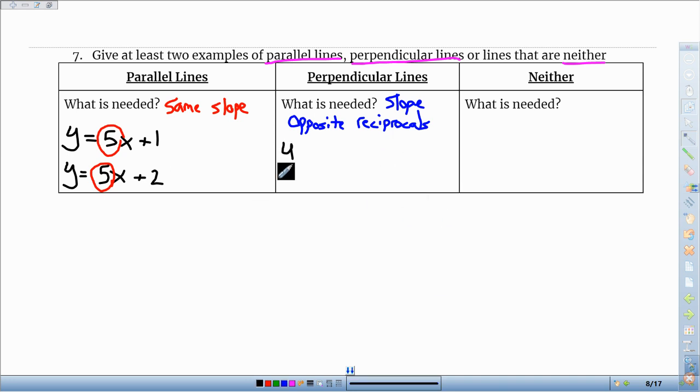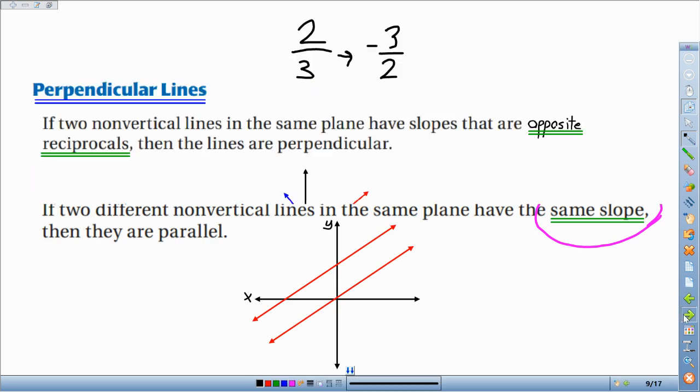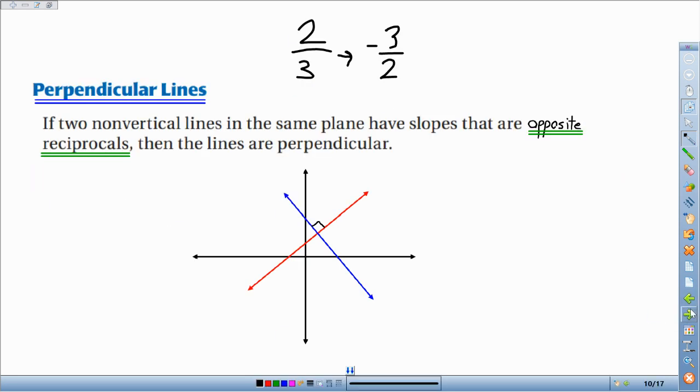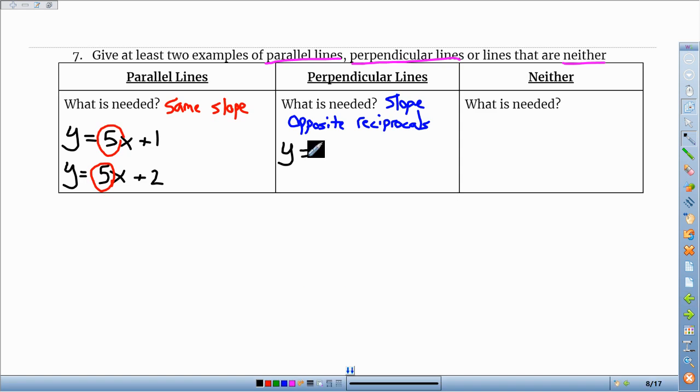What if one of my equations is y equals, and we could literally use the same numbers as the last one, 2 over 3. Actually, let's do it different so we can have another example to look at. Let's say our slope is a positive 1 over 5. We put x next to it. The y-intercept would just need to be some number. We might as well make it 1 again.